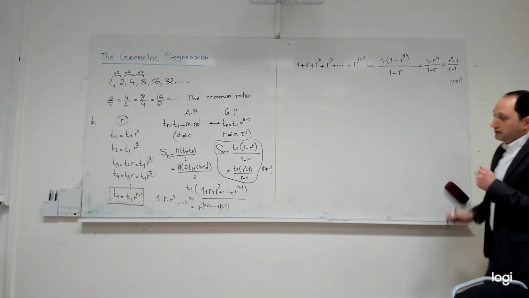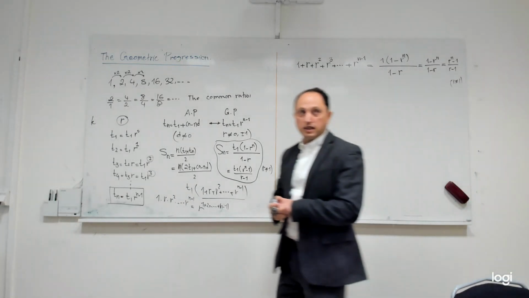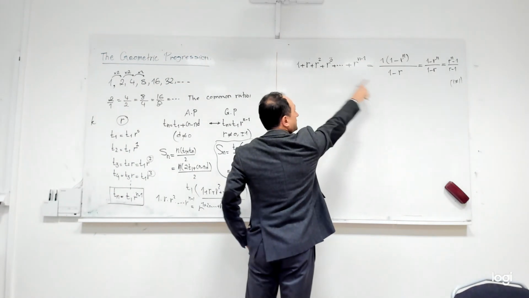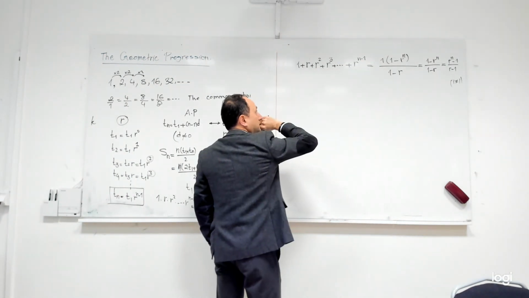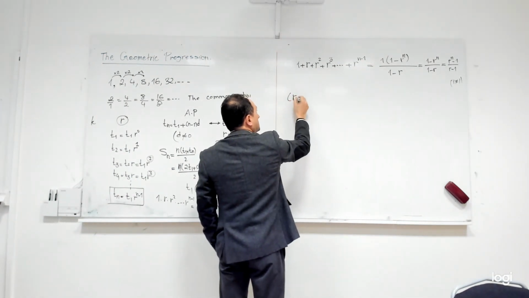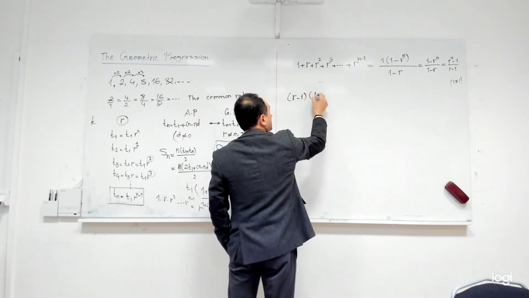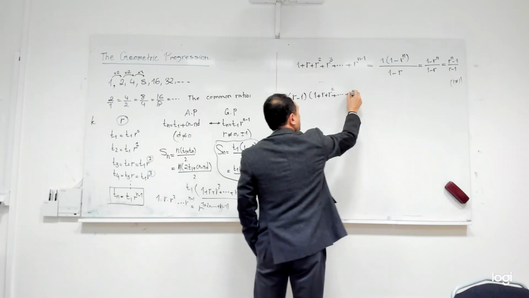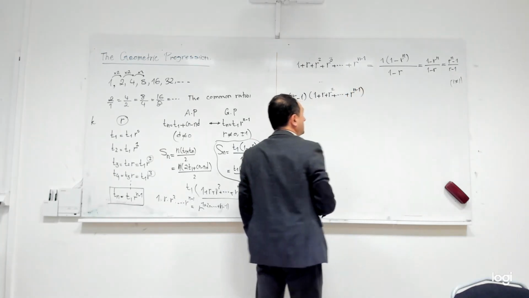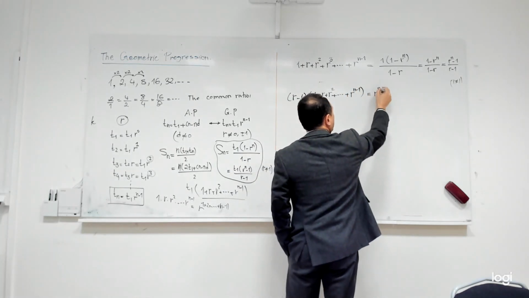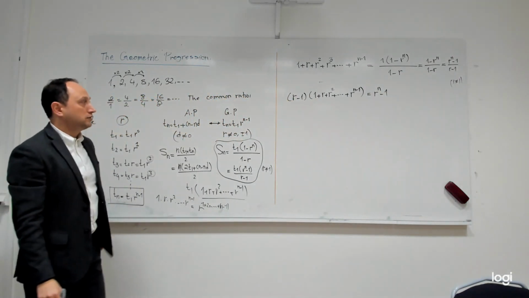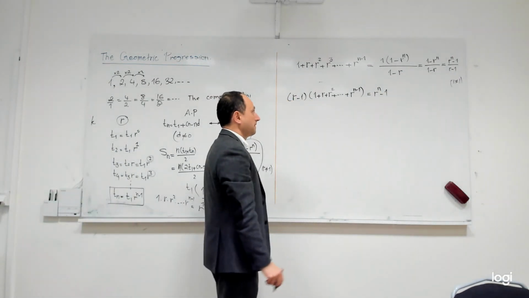And then you get a very nice formula for factorization. Yes? Because why? If I multiply everything by r minus 1, what will happen? So it becomes r minus 1 times this, is equal to r to the power of n minus 1. So that's a nice formula for factorizing things.